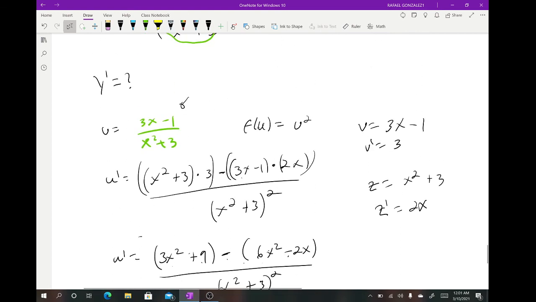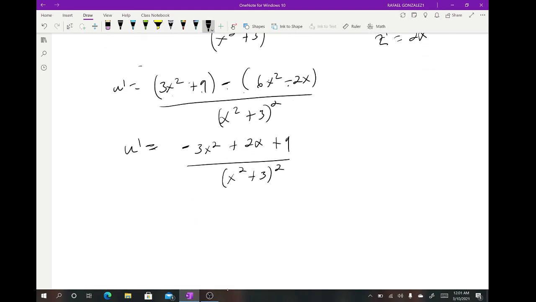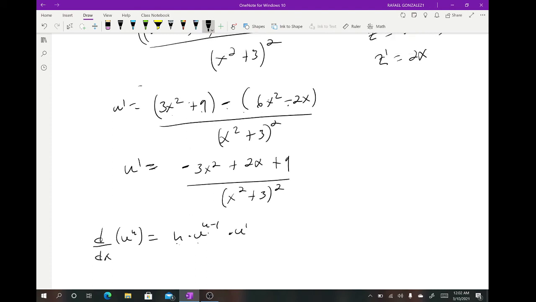But this is just the u prime. That's just part of it. We still have f of u, which is u squared. So when we put this together using the general power rule, which if you remember was n times u to the n minus 1 times u prime. We know what n times u to the n minus 1 is.